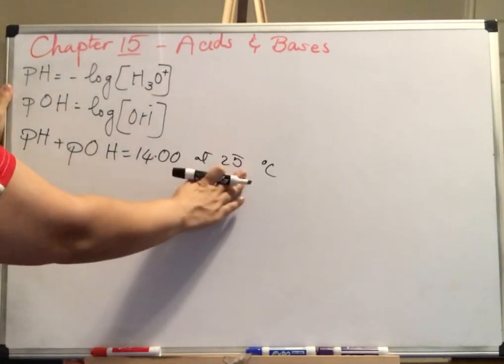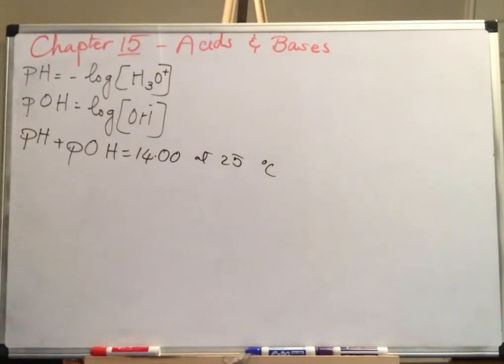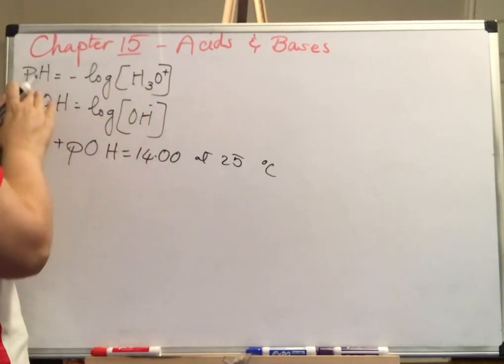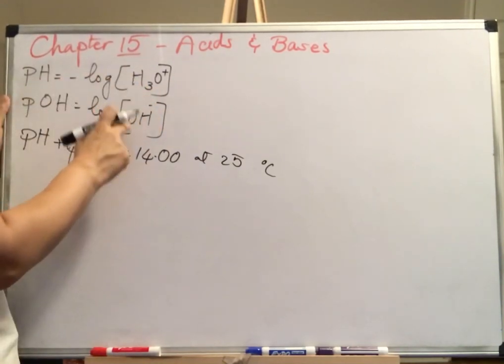Okay? So if for example pH is given and you're looking for pOH, you just subtract it from 14.